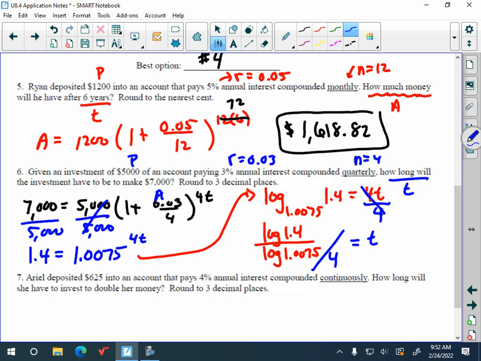We're going to 3 decimal places on this, so it looks like 11.258. That's years.